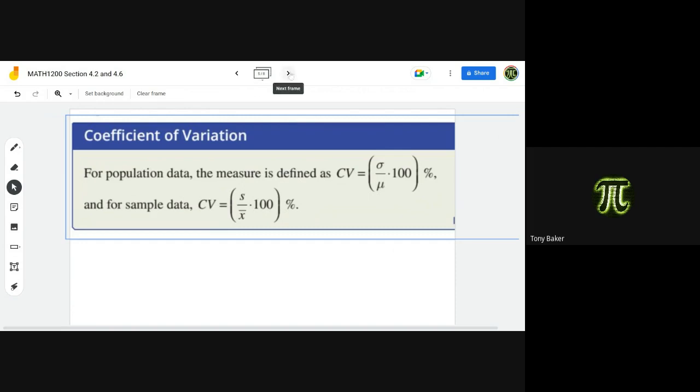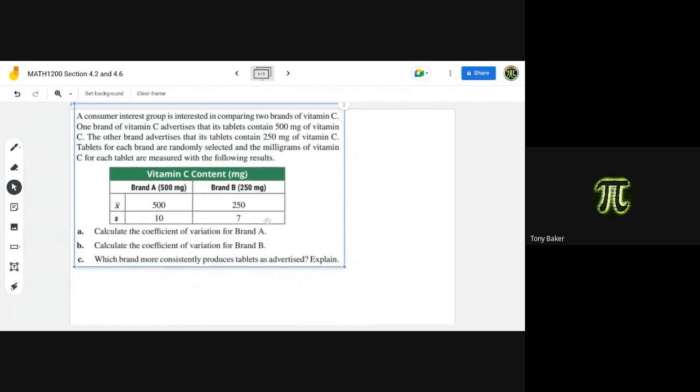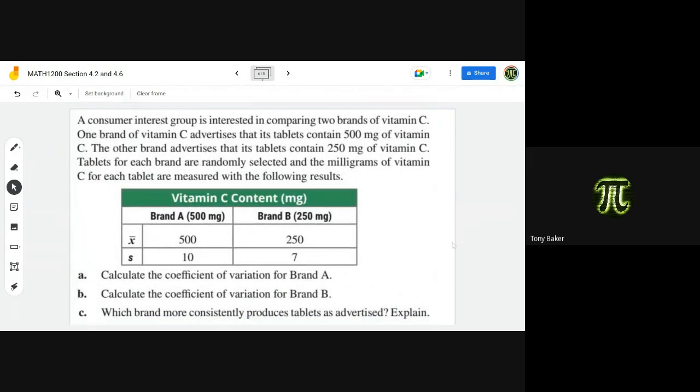All right, everybody got the formula down? Because now we're going to use it. If you buy anything in the store and it has a weight on it, you'd expect to get that weight in that bag, or that box, correct?